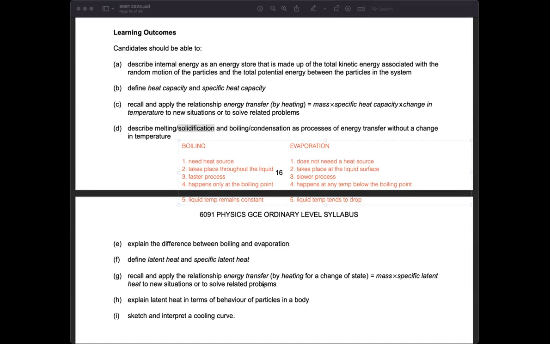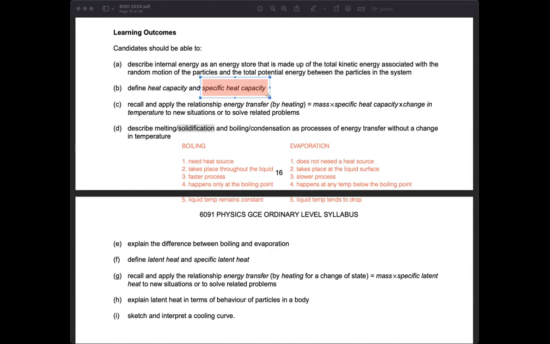Okay. So we have finished boiling and evaporation. Okay, so let's talk about latent heat and specific latent heat. Okay, previously we actually discussed specific heat capacity.